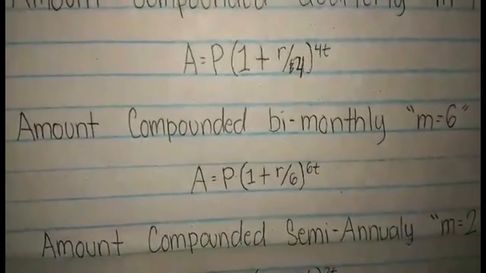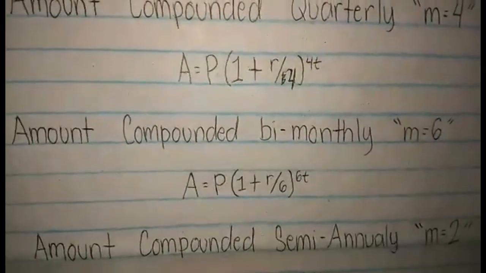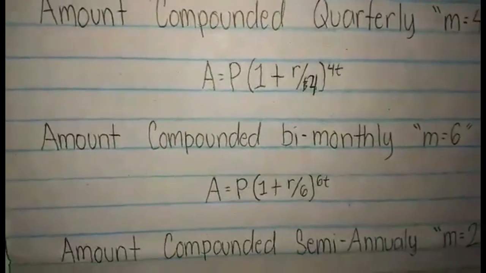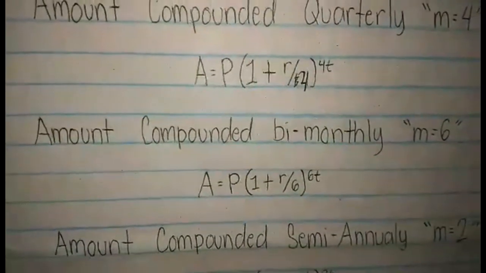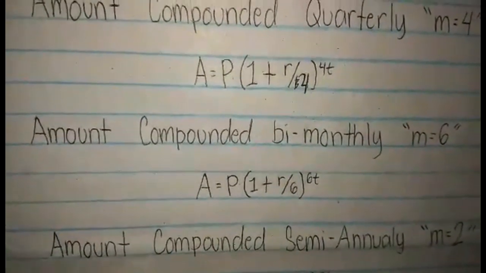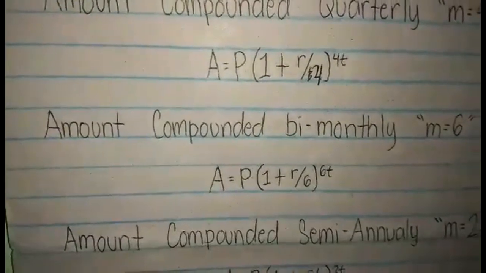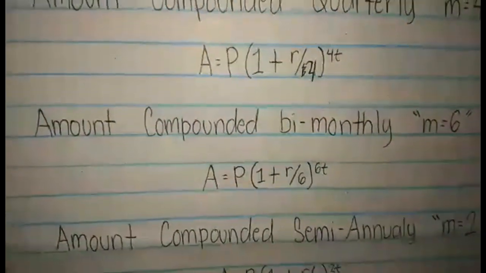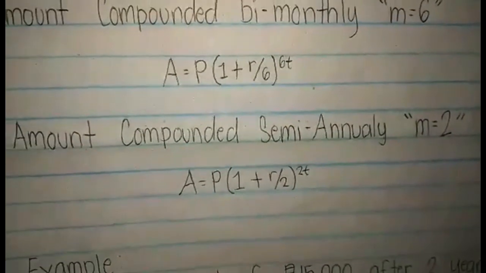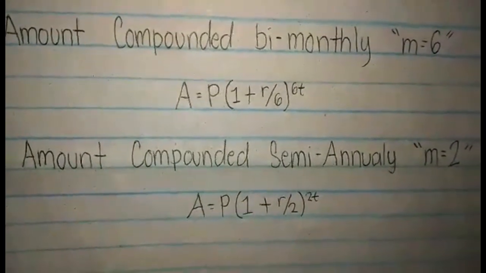And the third one will be the amount compounded bimonthly. The conversion period will be 6, or M is equal to 6. The formula will be A is equal to P, quantity of 1 plus R or rate over 6, raised to 6 multiplied by time or T. And the last one is the amount compounded semi-annually.